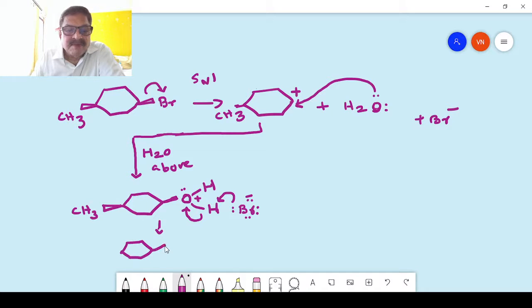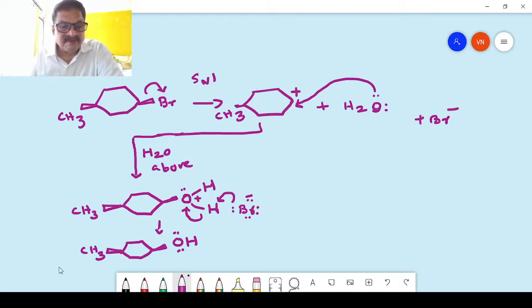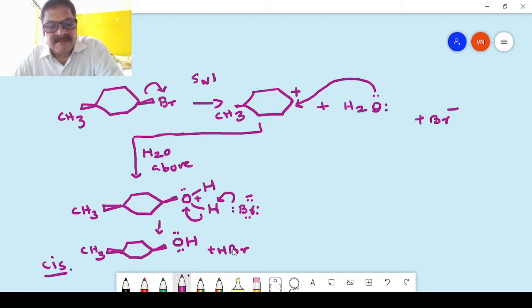Both the groups are above the plane of the ring here. This is the cis isomer. Cis isomer. Correct? And we will be getting HBr. So this is water attacking from above.